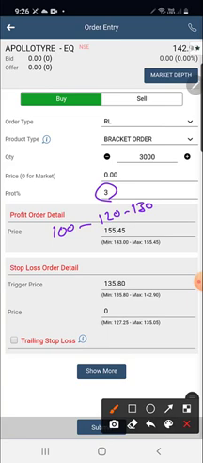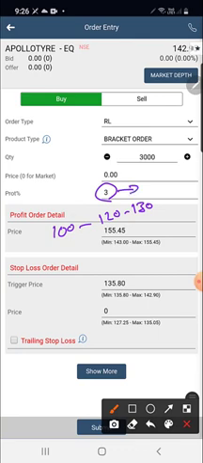Vice versa, if you sell the stock, your protection will be on the lower side. If you buy the stock, your protection will be on the higher side. So this protection percentage will help you. You will not end up losing money by buying at a higher price. This is the use of the protection percentage.